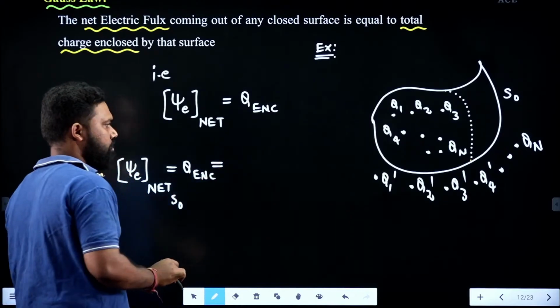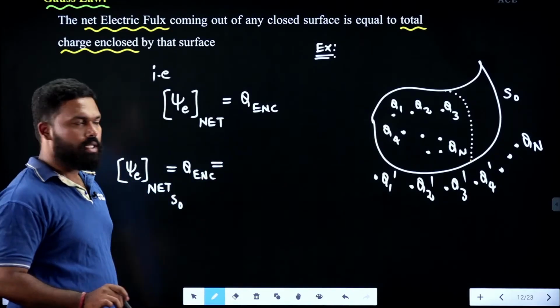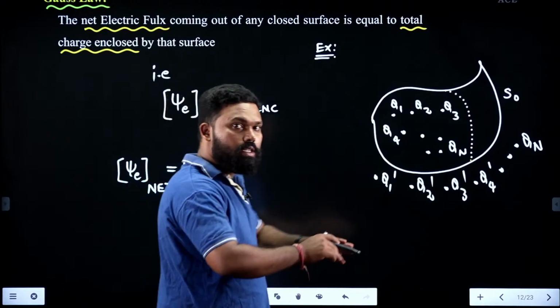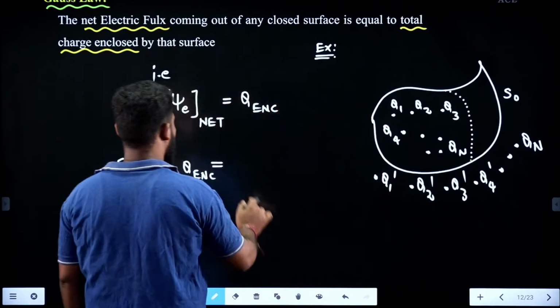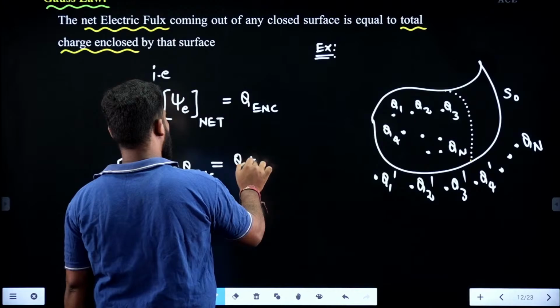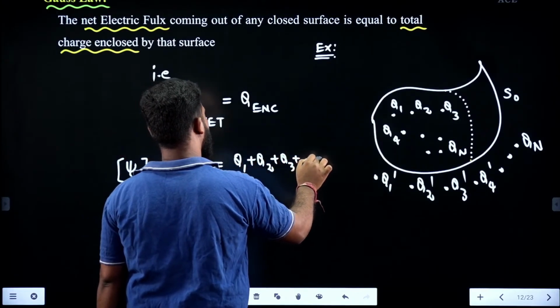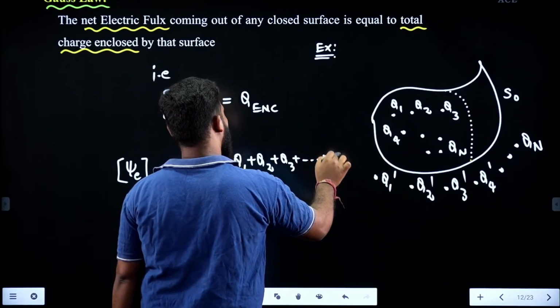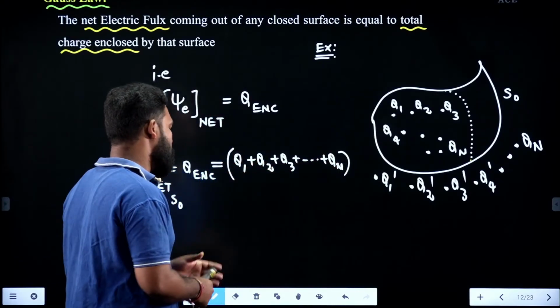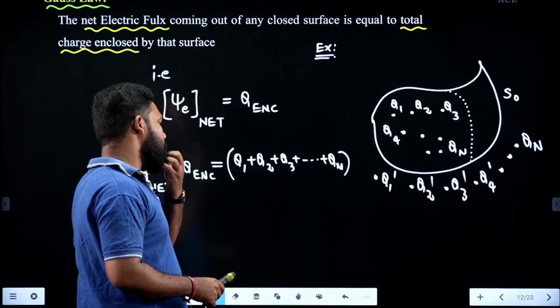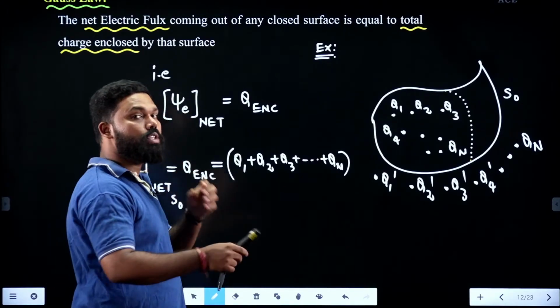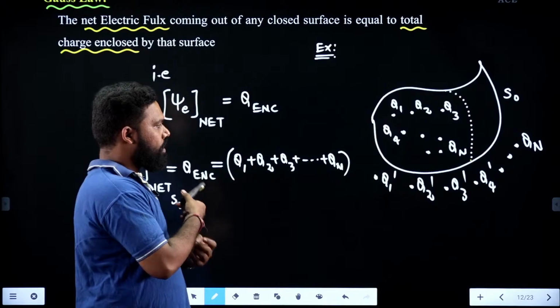What is the charge enclosed by the S0 surface? Charge enclosed means the charge which is inside. So here it is Q1 plus Q2 plus Q3, and so on up to Qn. You should consider only the charges which are inside and discard the charges which are outside.